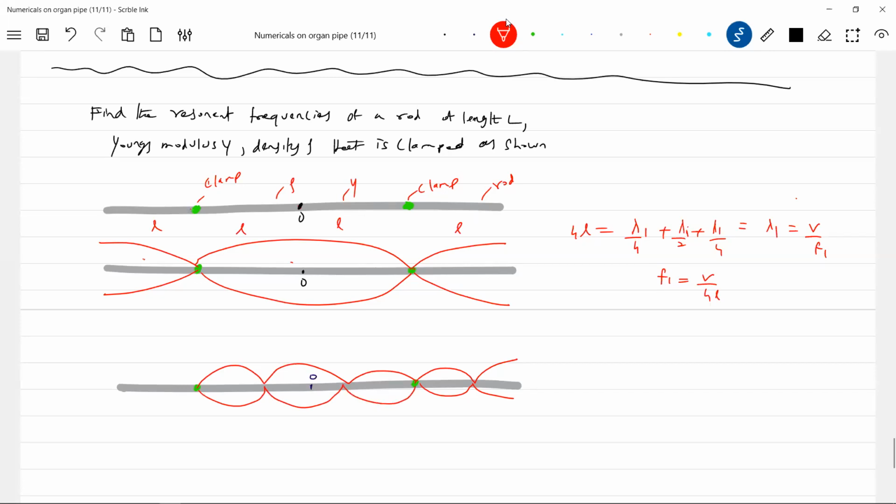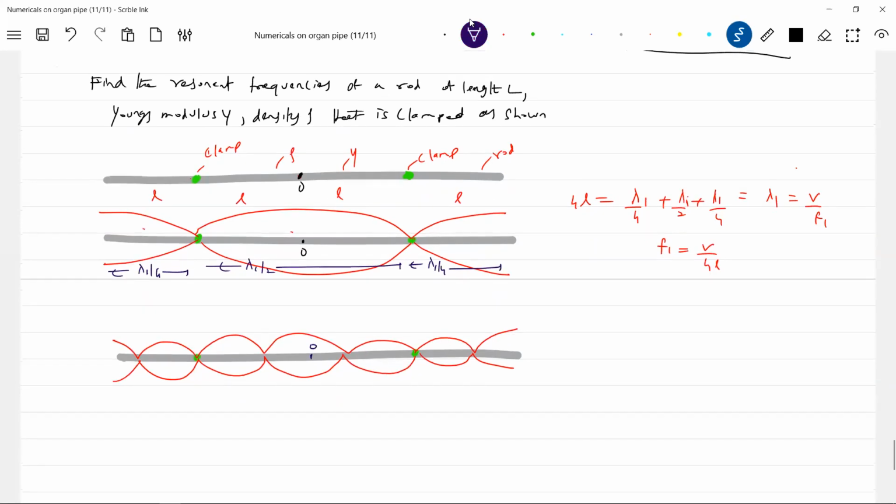The clamped end must be a node. This is a condition. And the free end must be an antinode. In that way, we should go for the resonant frequencies. So what should this be? By this time, I think everyone knows this. What shall I write? Lambda 1 by 4. What is this length? Lambda 1 by 2. In the second diagram, I'll indicate things clearly. So this will be lambda 2 by 2.